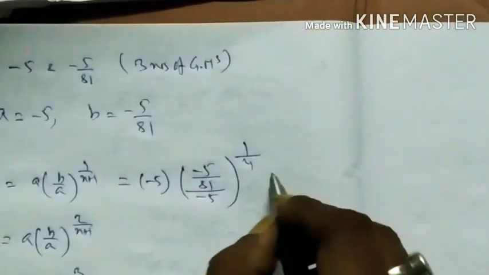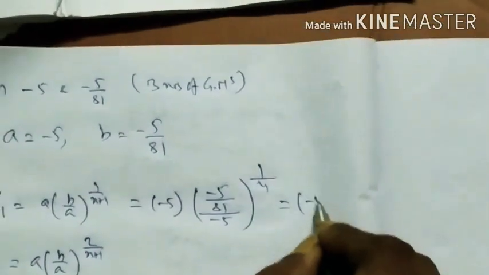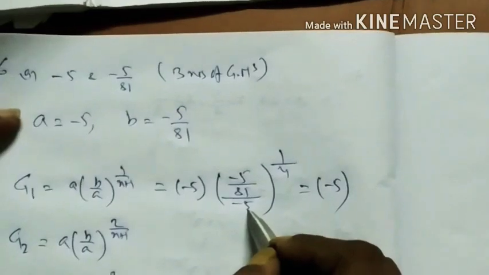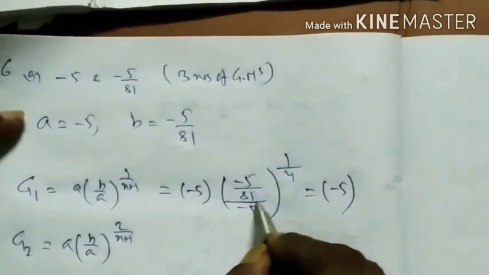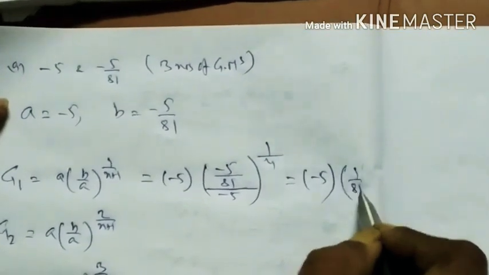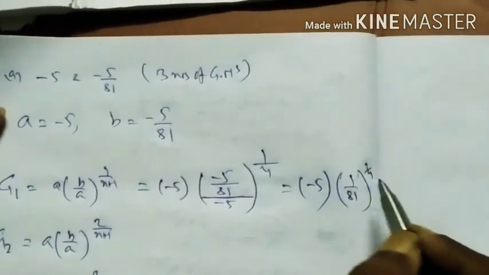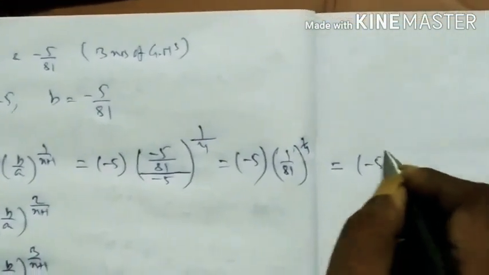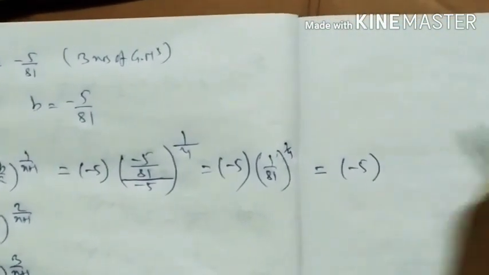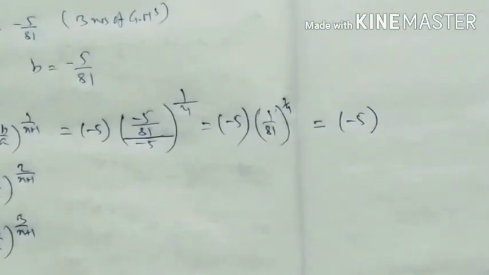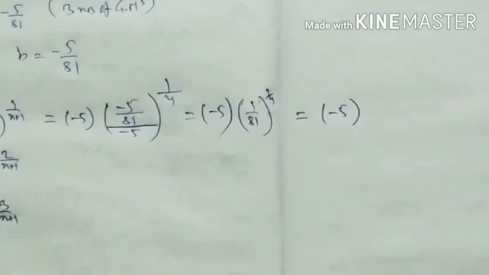Now I am going to solve it. Minus 5, see here minus 5 cancels out because this is the same base. So it comes to be 1 by 81 to the whole power 1 by 4. So it comes out to be minus 5 times 81, that is prime factorization 3, 27, 3, 9, 3, 3.